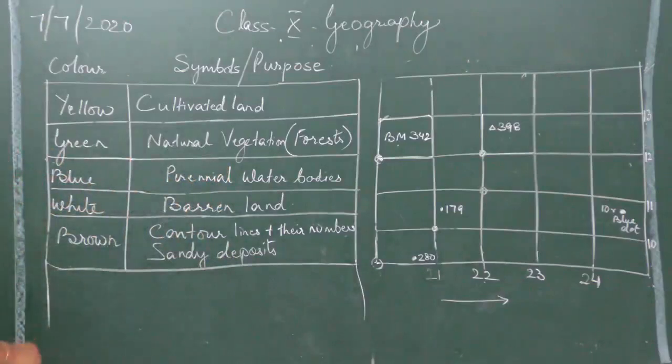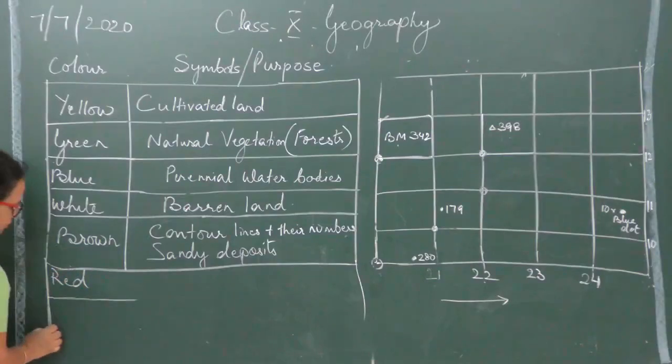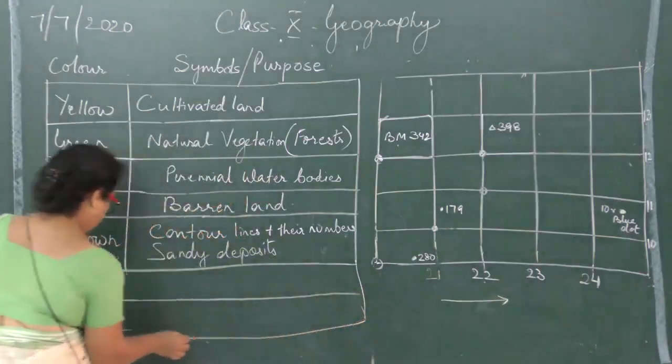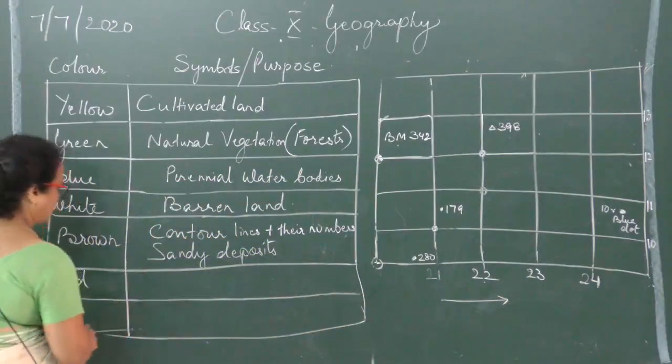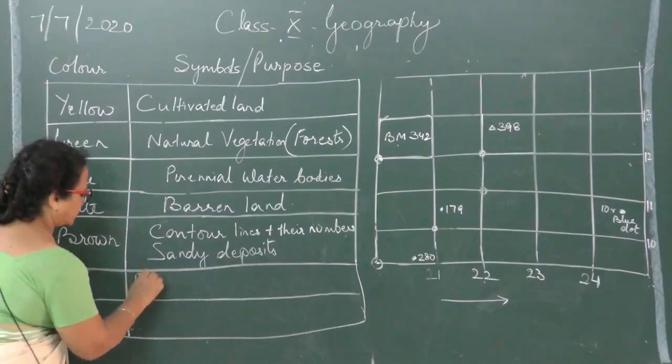Like this, when you make a chart or a table, it becomes easy to remember. Next will be your red color. Now, lot of things are in red, starting with eastings and northings.